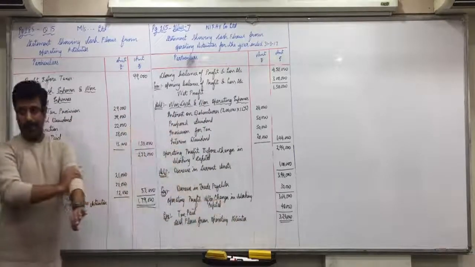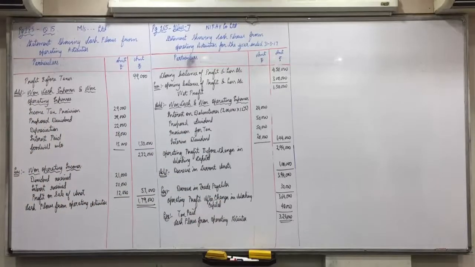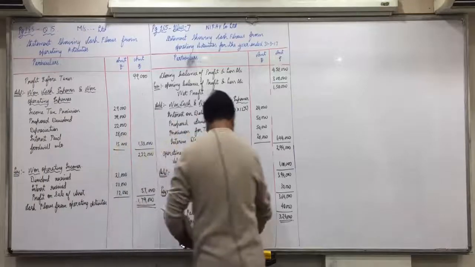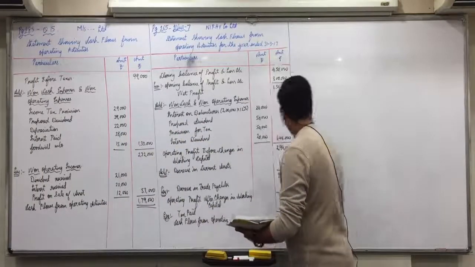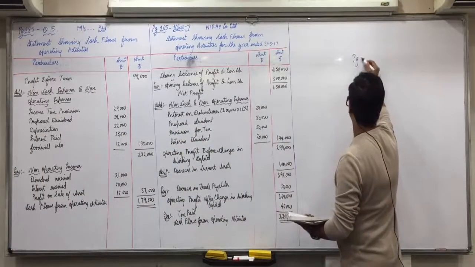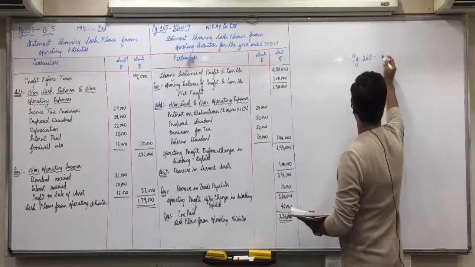One more illustration. It will not take more than 5 minutes. Let us finish it so that tomorrow we wind up the syllabus of accounts. It is a small illustration. Illustration 10, page 268. Answer is small.